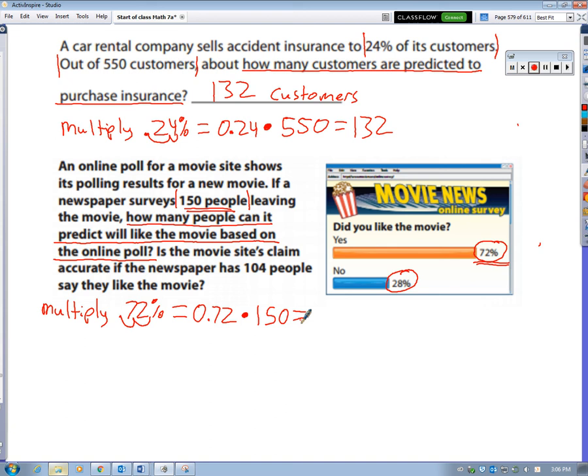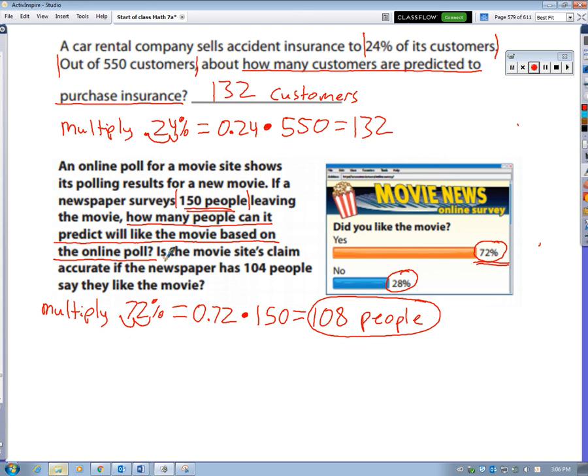So when we do the math on that, it's going to tell us how many people like the movie. 0.72 times 150 gets us 108 people. So that's how many people liked the movie out of 150.